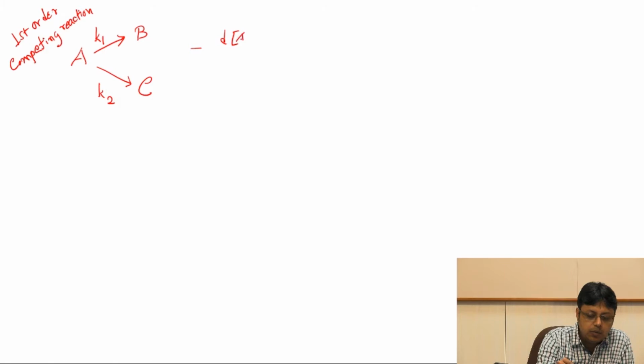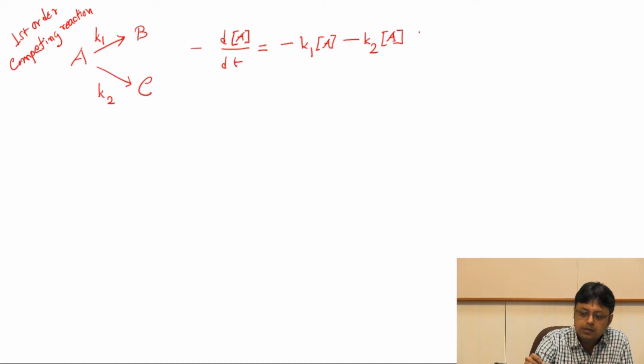Remember that nu A is 1 in this case, so the stoichiometry we are taking is just 1:1. The dA/dt is nothing but minus k1 into A for the path where A is forming B, minus k2 into A for the other path where A is forming C. So it is nothing but minus (k1 plus k2) into A.